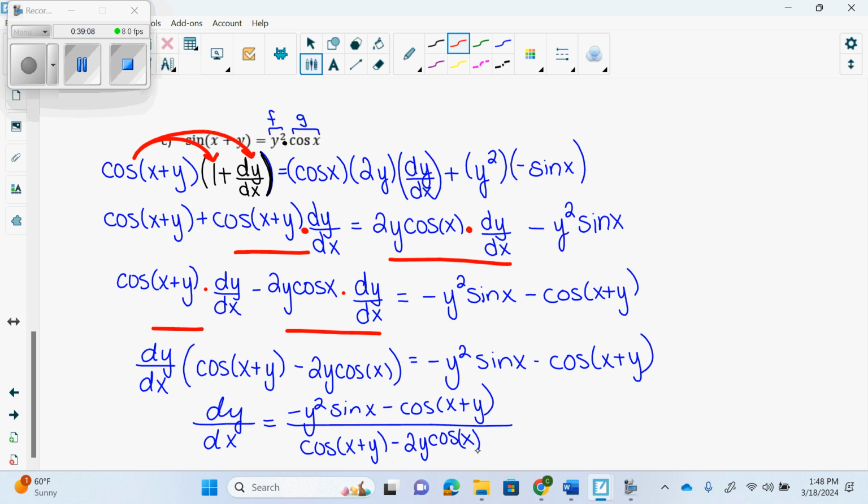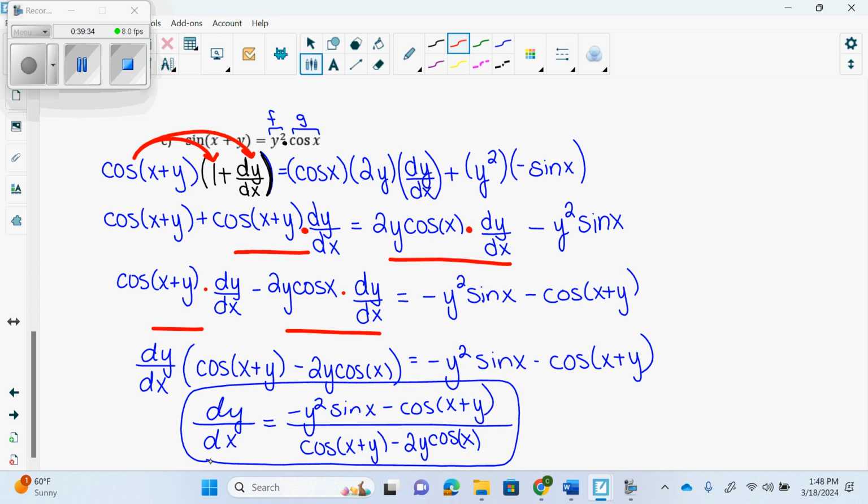Now, I'm going to share with you what the homework is going to be. So this is part of it. Write this down. This will be the first part of the homework.